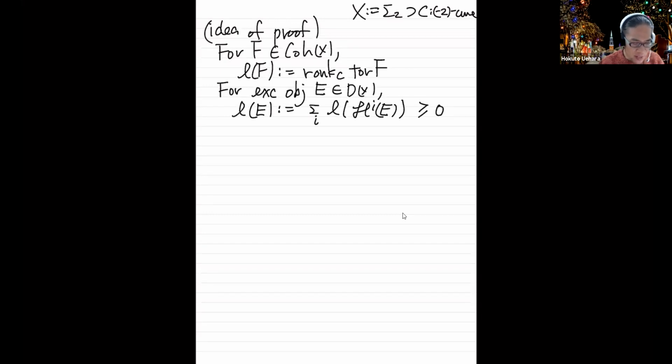We can see that l(E) is 0 if and only if E is a vector bundle up to shift.